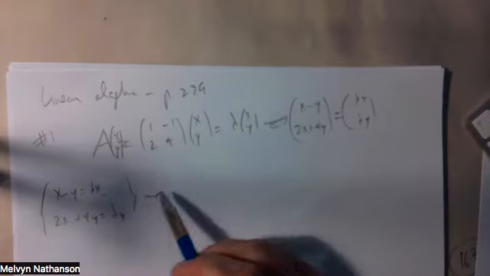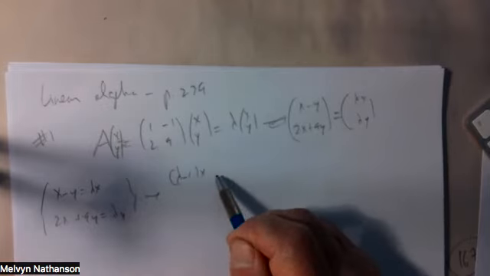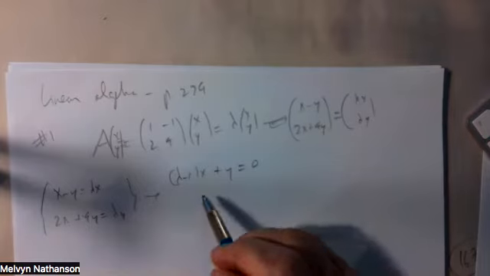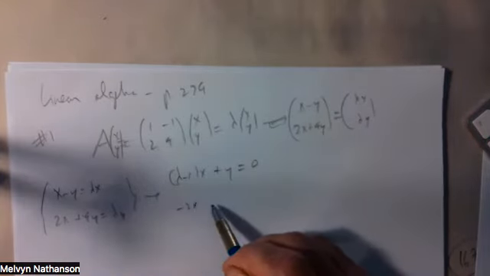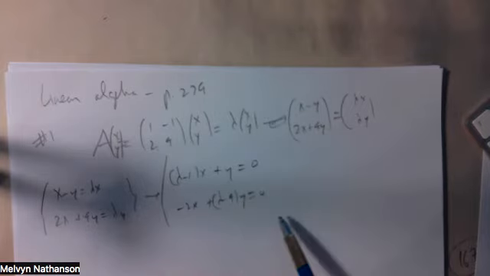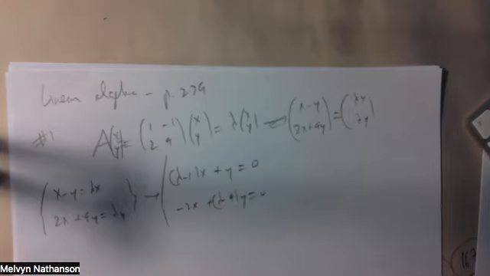If I collect the x's and the y's, bringing everything from the left to the right, I get (lambda minus 1)x plus y equals 0 and minus 2x plus (lambda minus 4)y equals 0. So I want to know for what lambda I can find a non-zero solution to this equation.